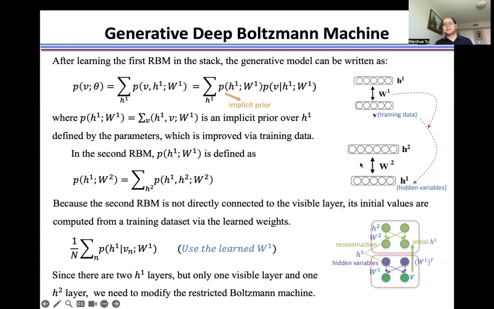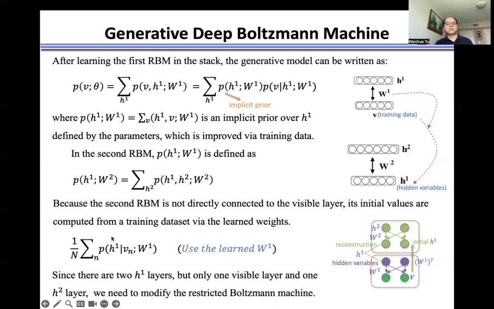Because the second restricted Boltzmann machine is not directly connected to the training data, we need to learn the W to provide the initial value for the second restricted Boltzmann machine from training data.